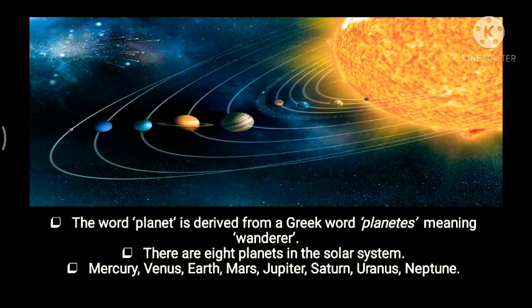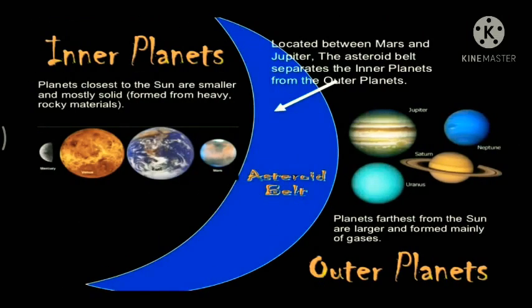While we're talking about the planets, let's see about the inner planets and outer planets. What's the difference between them? The planets close to the sun are called inner planets. They include Mercury, Venus, Earth, and Mars. They are closest to the sun, smaller, mostly solid and made up of rocks.